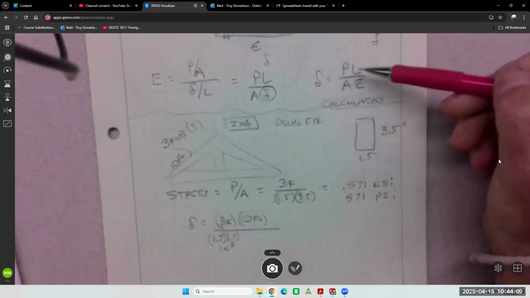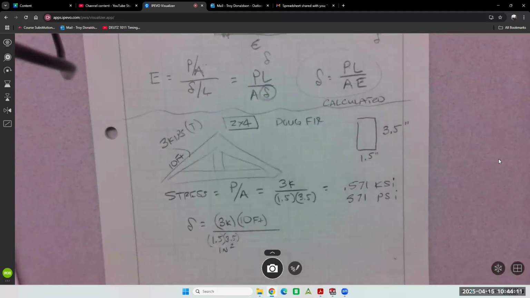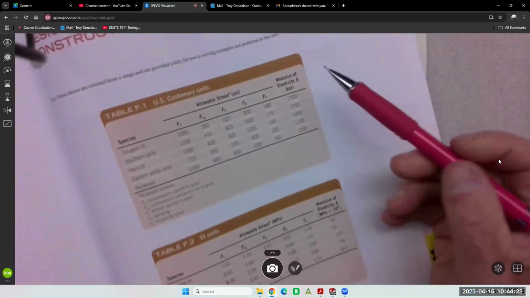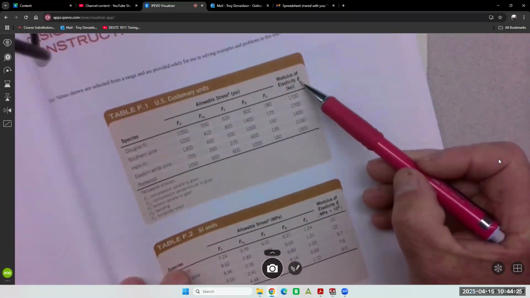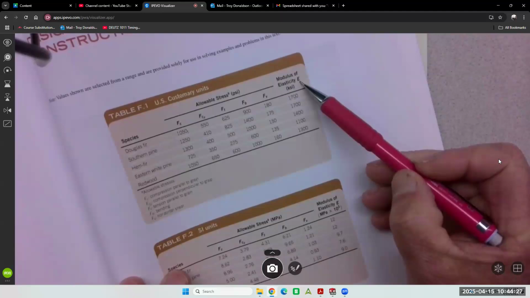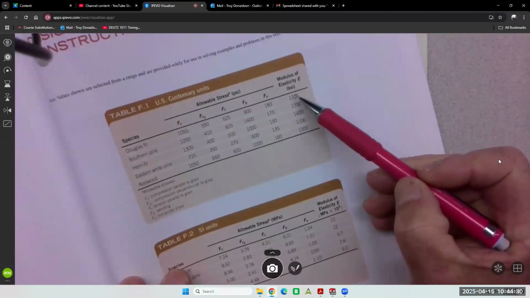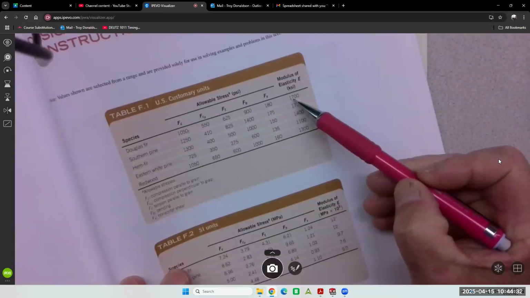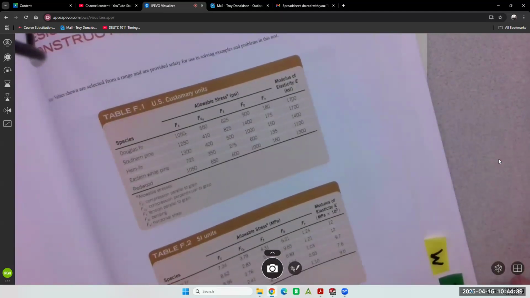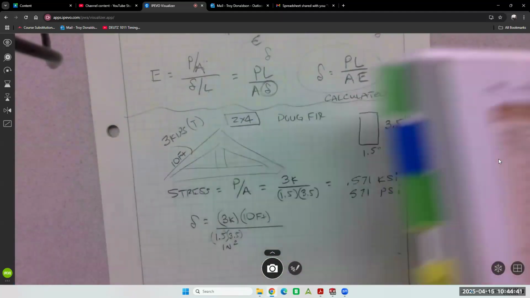So it's PL over AE, and E is the material property. And Doug fir gives us what? 1700 KSI for E, or 1,700,000 PSI. But KSI is fine for our E value. 1700 KSI.